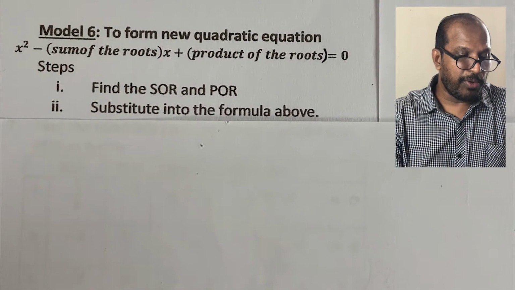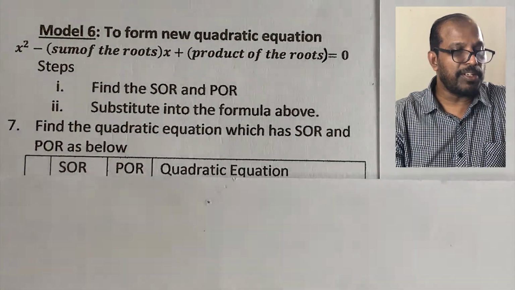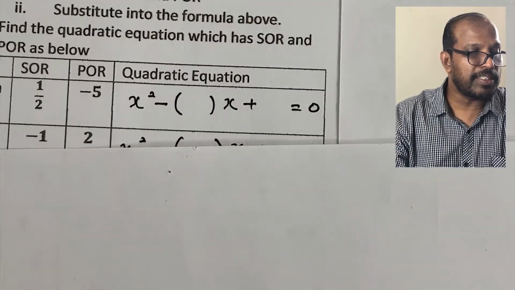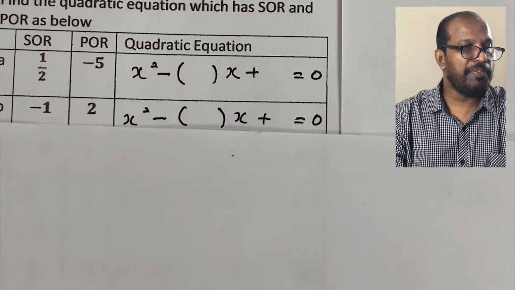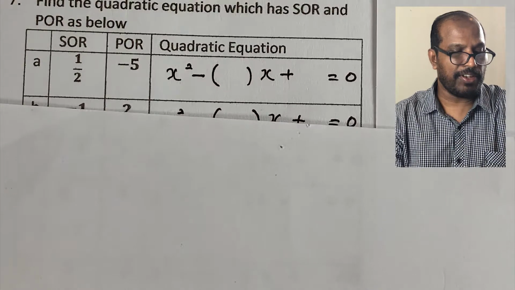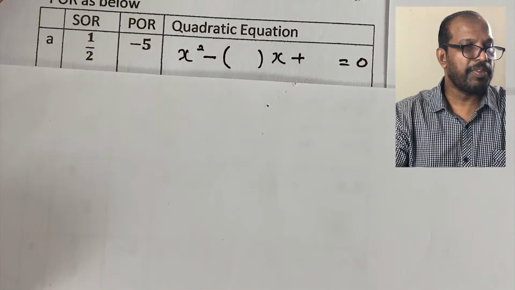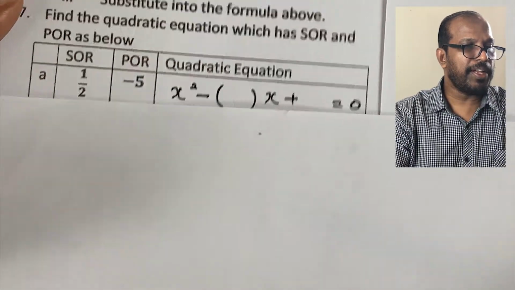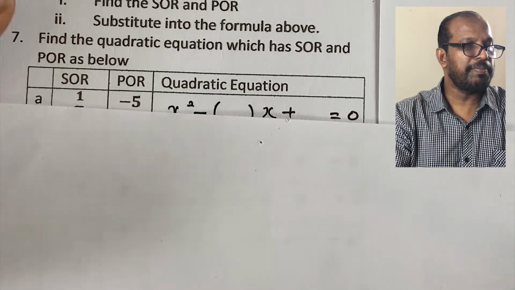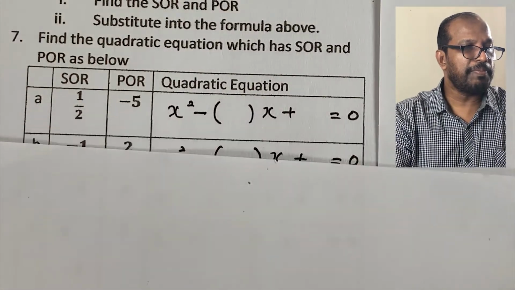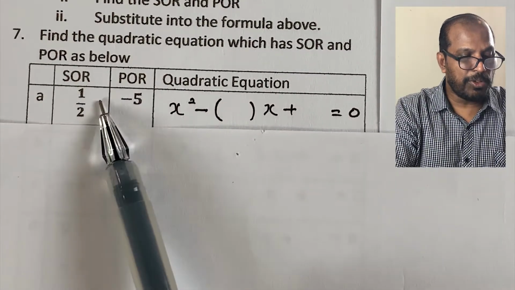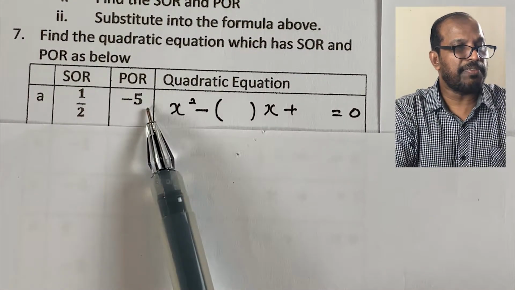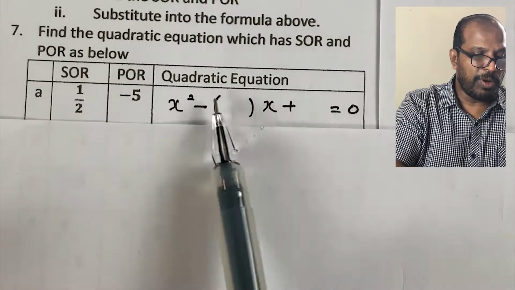So now we are going to take one example. Let's move into examples, question number 7. If you look at question 7a, you are given that the sum of the roots is 1/2 and the product of the roots is negative 5, and we need to find the quadratic equation.